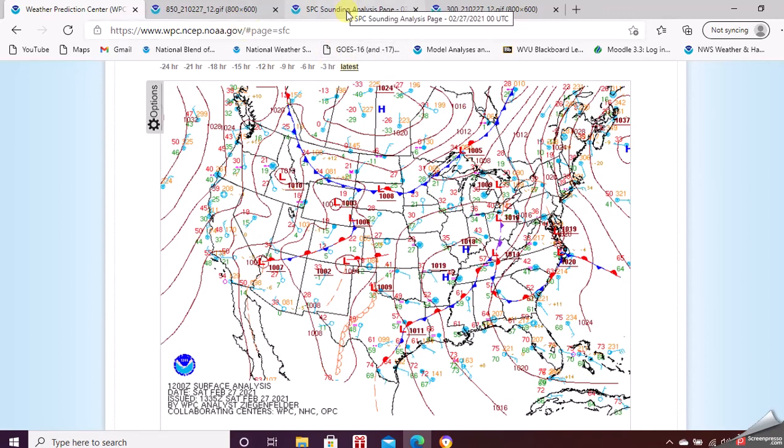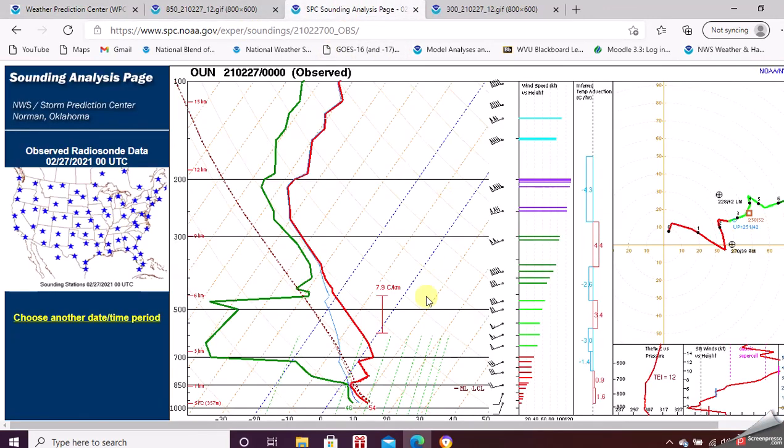If you wanted to look at where friction is impacting, friction is causing the air to mix, and it's causing a uniform temperature drop, very close to dry adiabatic typically. And it occurs in what they call the boundary layer. In this case at Oklahoma City yesterday afternoon, the boundary layer went up to about 1 kilometer.